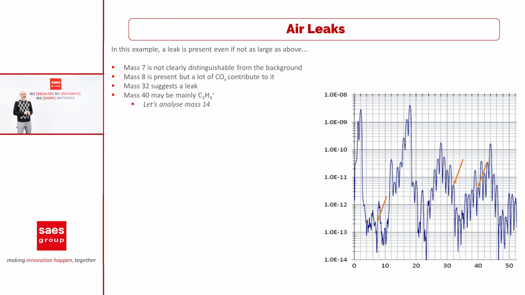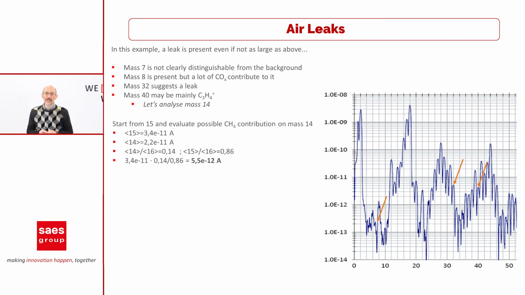The question is, does methane account for all the signal, or is there some nitrogen? In the spectrum we have a certain current of mass 14 and 15. We know that in the pattern of methane, mass 14 is 14% and mass 15 is 86% of 16.